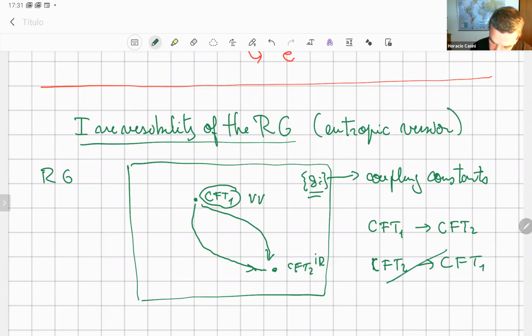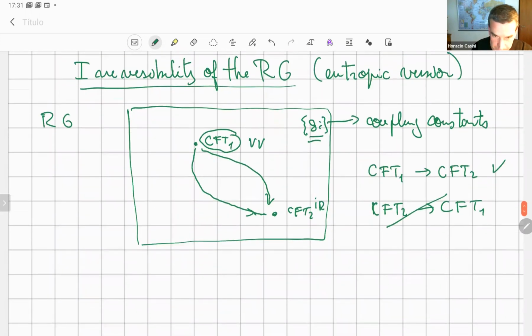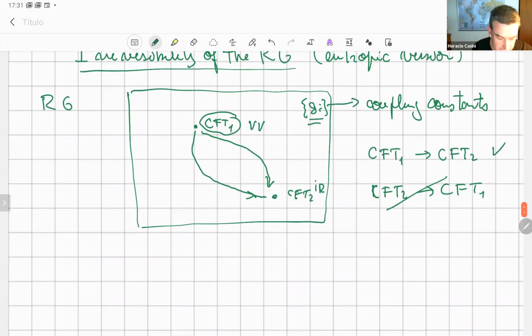So this is not possible if this is true. So there is something that is lost along the renormalization group flow. We know that this is correct for dimension d equal 2, 3, and 4. This is the status up to now.